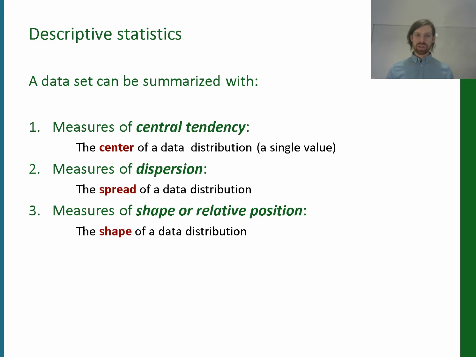In central tendency, we're talking about the mode and the mean. In measures of dispersion, we're going to be talking about the range, the standard deviation, and the coefficient of variation. And finally, for shape and relative position, we're going to be talking about the skew of the data, so how symmetric the distribution is, or the kurtosis, so how peaked or flat the distribution is. Okay, so if you're not familiar with any of those terms, don't worry, I'm going to cover them now.